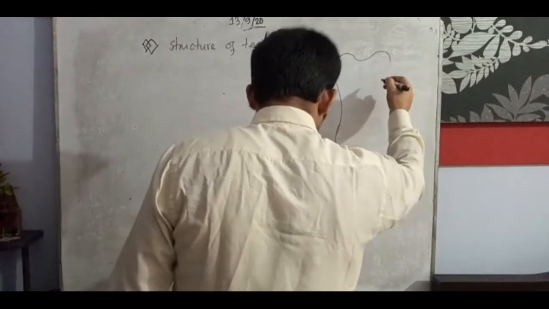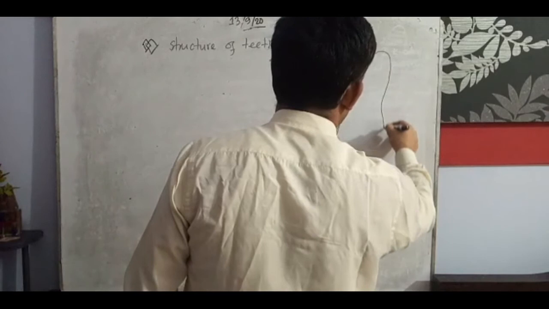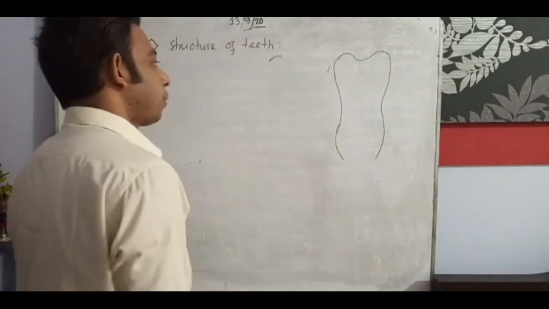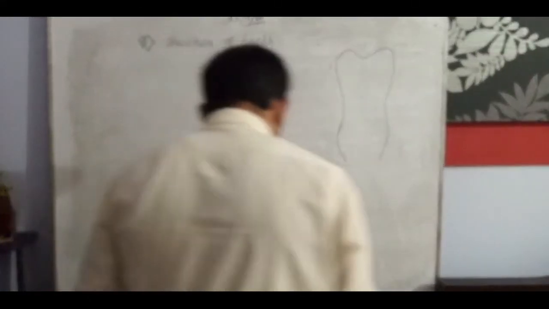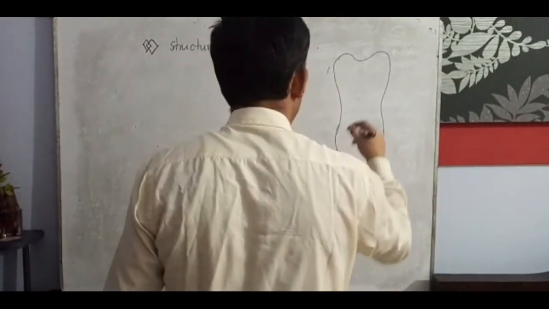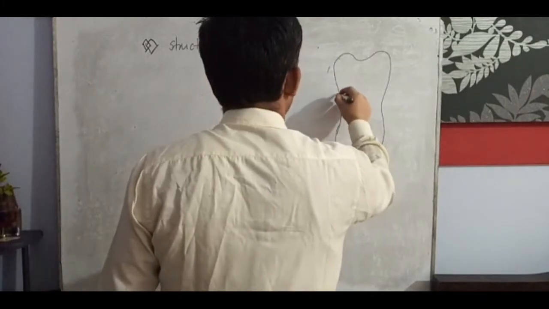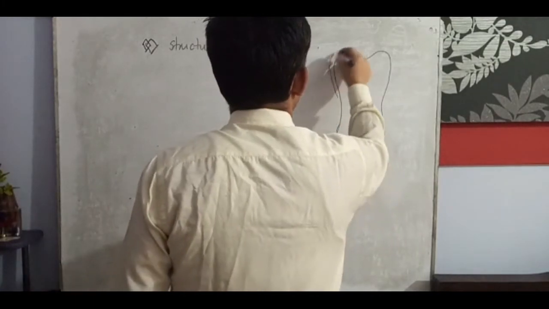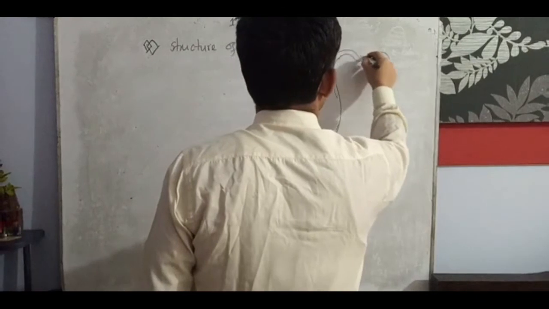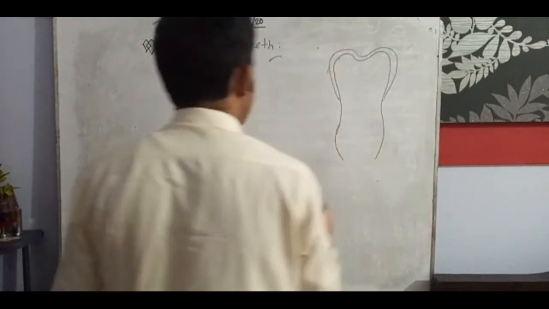You can also follow me for drawing the teeth structure. We will try to draw it like that. Then we will make it double layered. You also do it by those parts, okay?